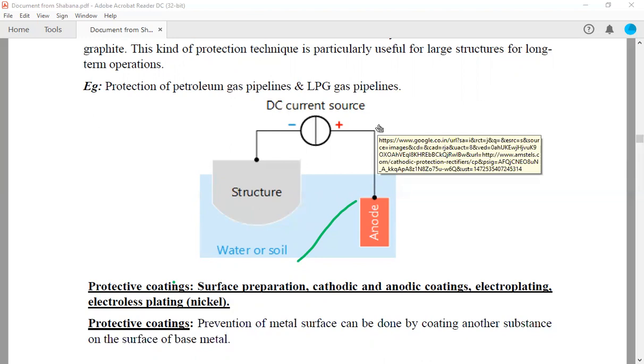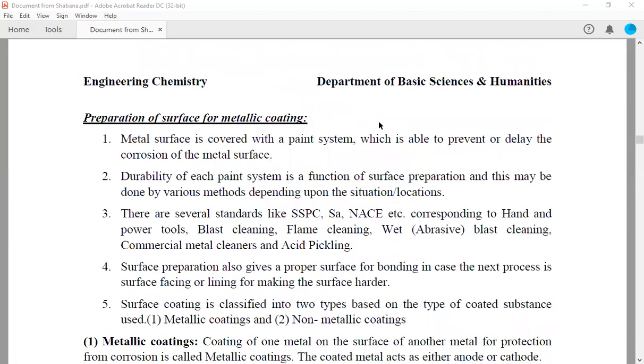The requirements of this type of protection are: the coating applied must be chemically inert to the environment under particular conditions of temperature and pressure.